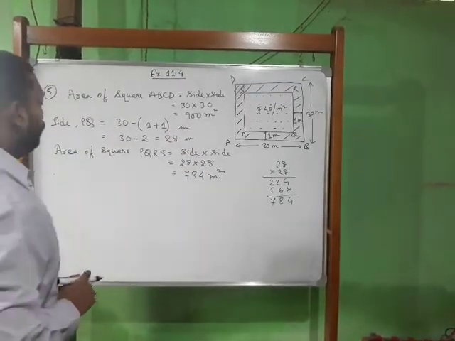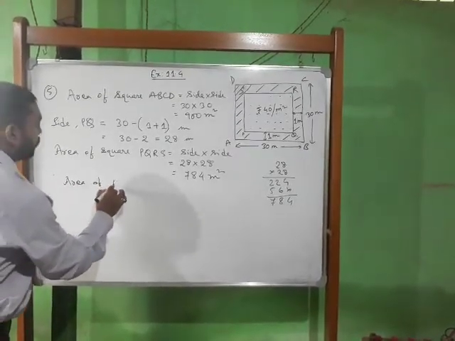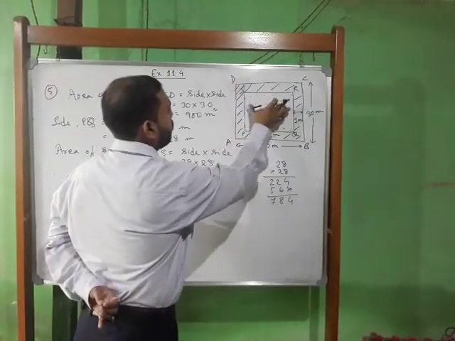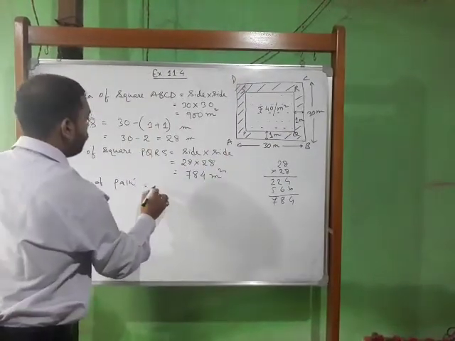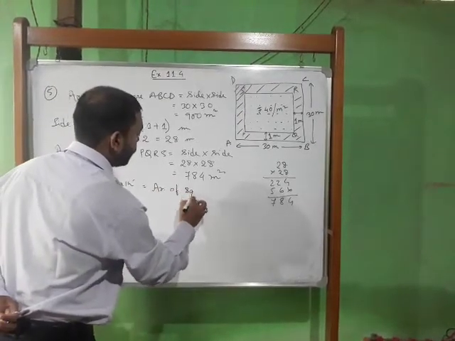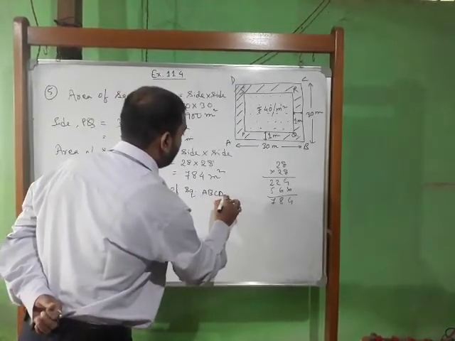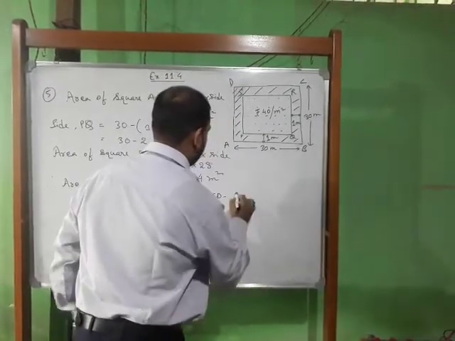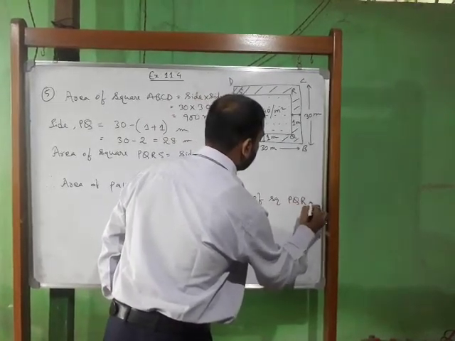Now we have to find the area of the path, that is the shaded region. For that we have to subtract the area of the small square from the area of the big square. So area of the path is equal to area of square ABCD minus area of square PQRS.